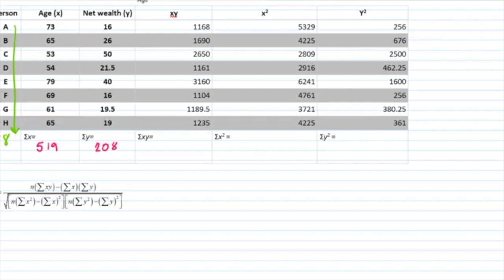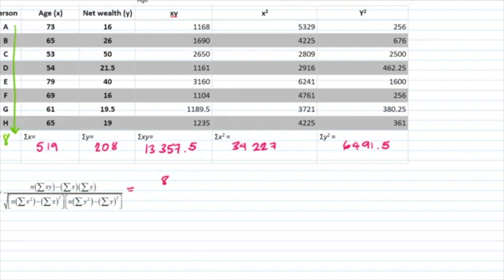The sum of x times y, it's going to be huge, 13,357.5. The sum of the x's squared is going to be 34,227, and the sum of the y's squared is going to be 6,491.5.